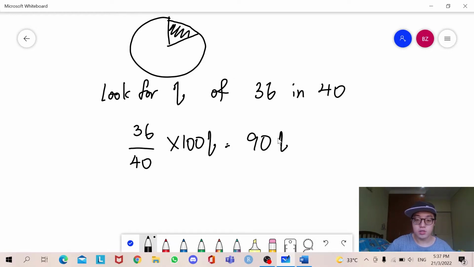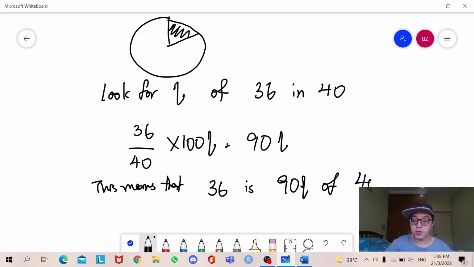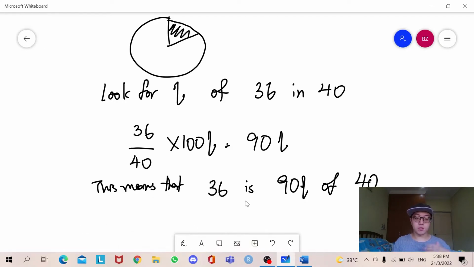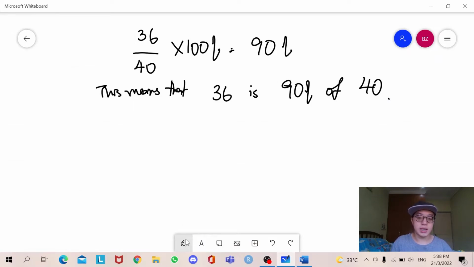All right, so this means that 36 is 90% of 40. All right, so this is like a basic view, a brief of what percentage does.